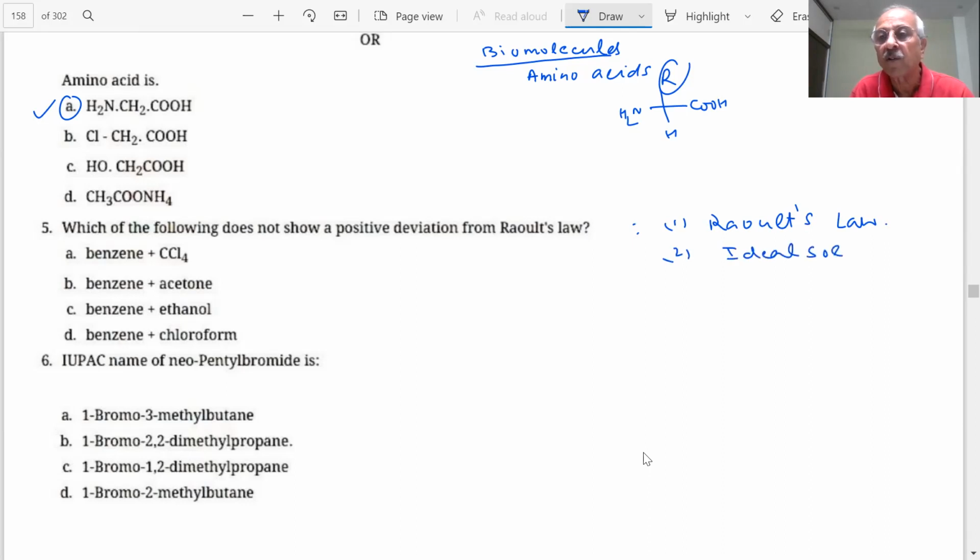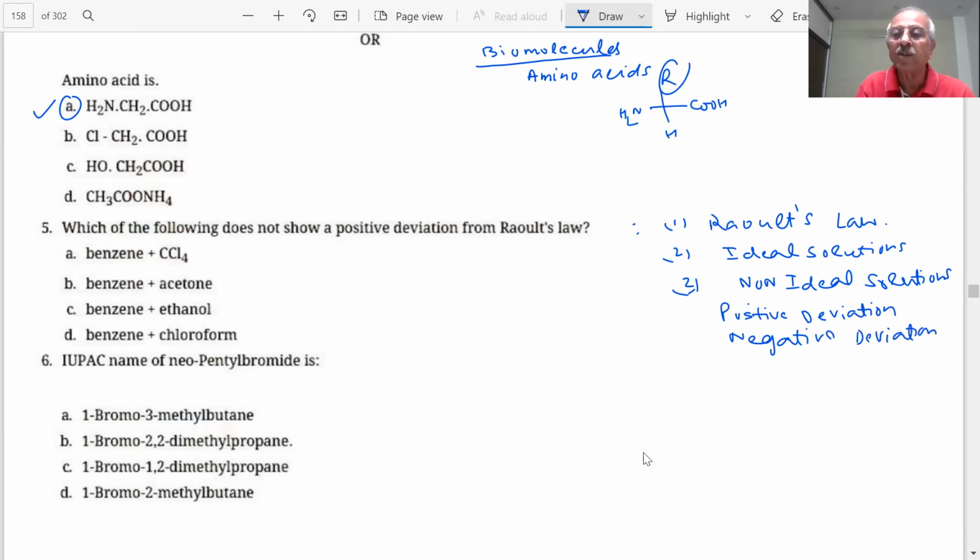And there are non-ideal solutions, which do not obey Raoult's law. There will be two types of deviations, positive deviation and negative deviation from Raoult's law.